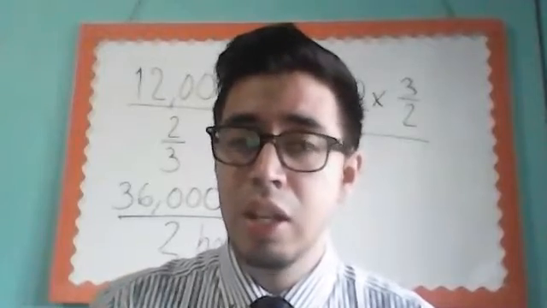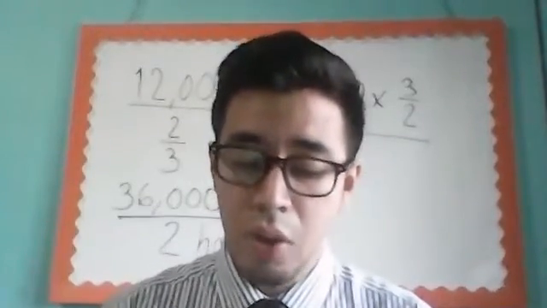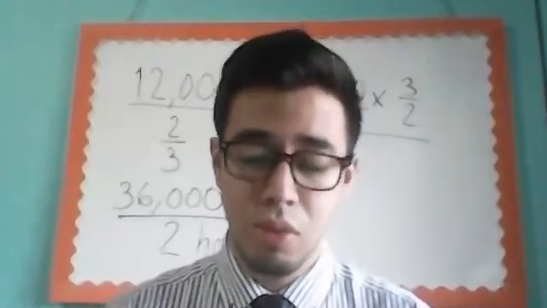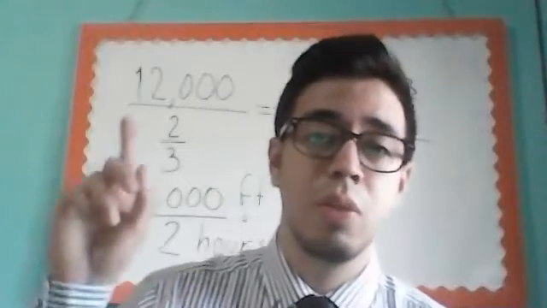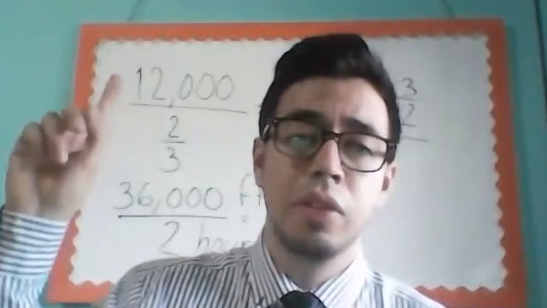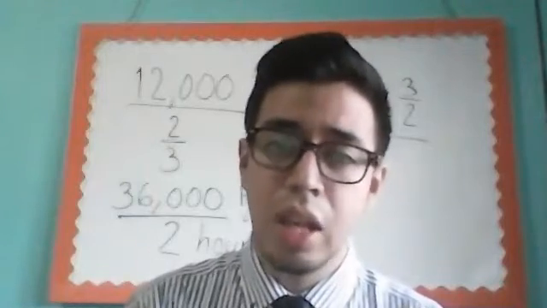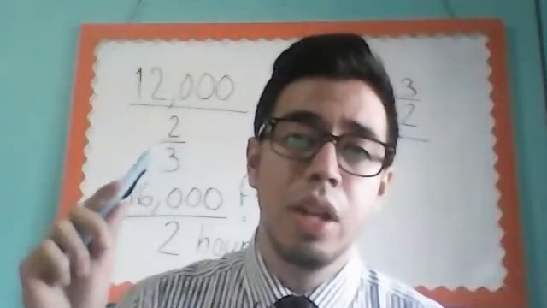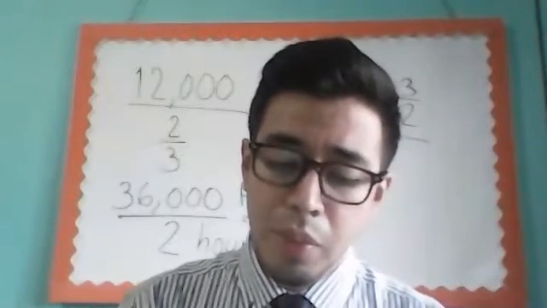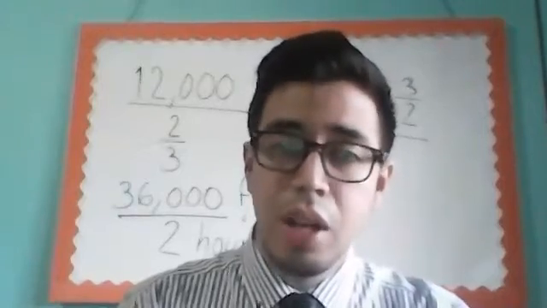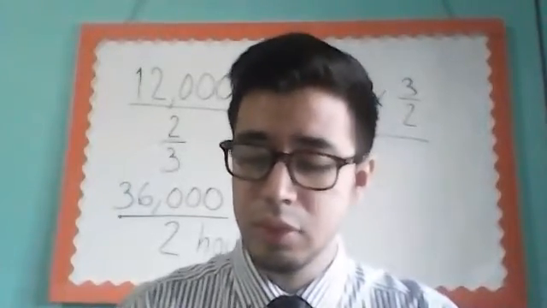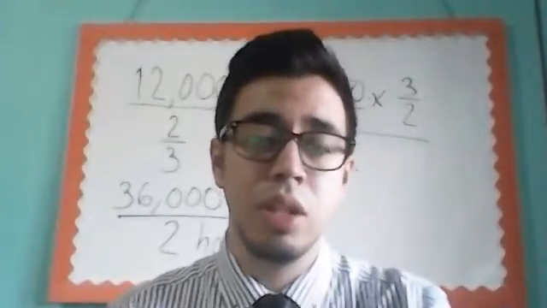You had at the beginning 2/3, and now you have 3/4. So you only change the numbers we have. Instead of 12,000, now I have 15,000, and instead of the 2/3, now I have the 3/4. And you obtain this answer in the same way.